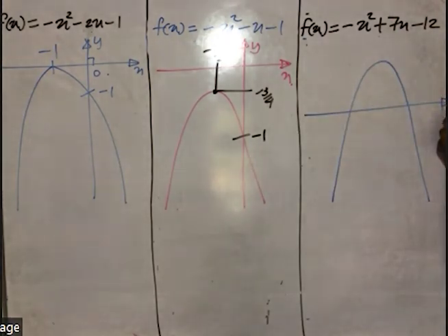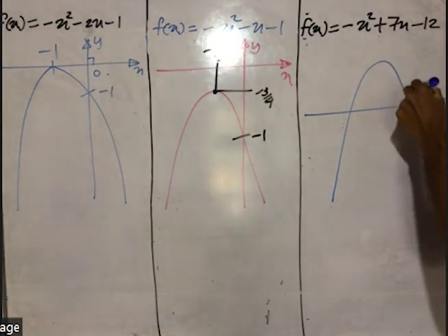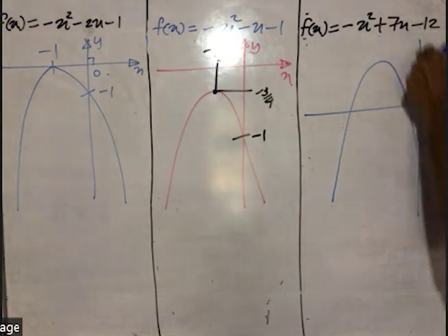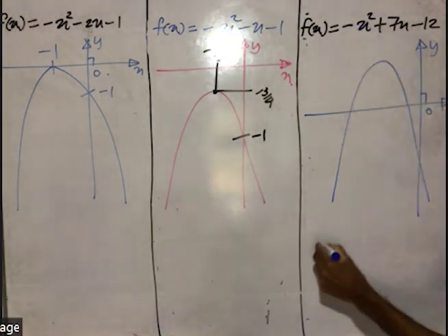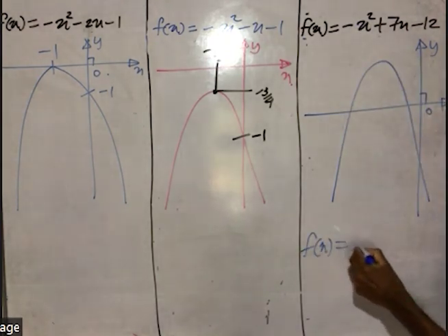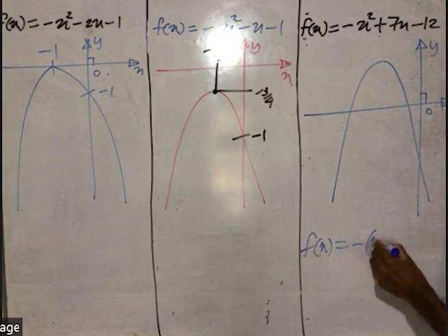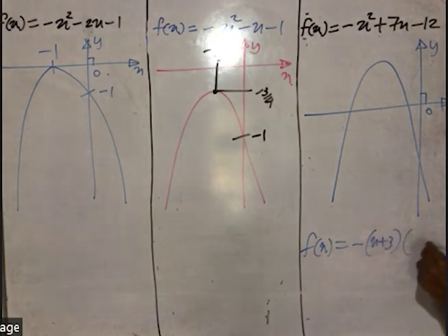Here is the x value, and here we have the y-axis. So we can write down this function as f(x) = -(x + 3)(x + 4).